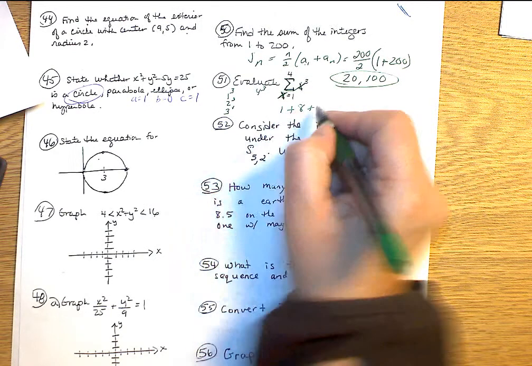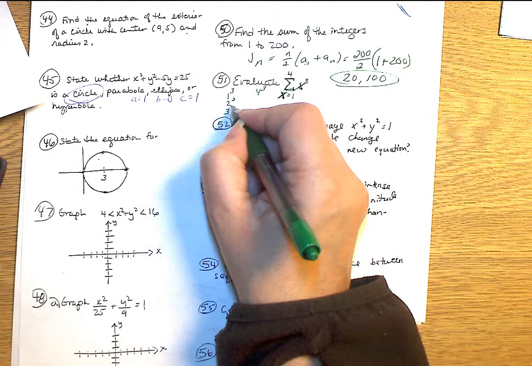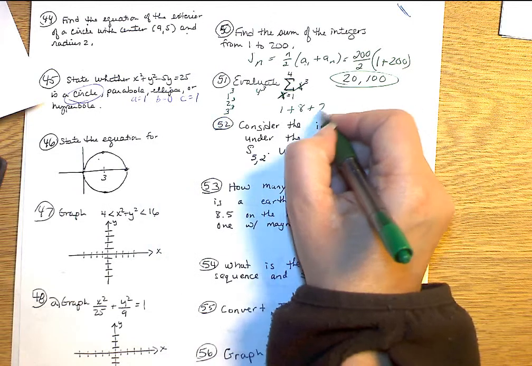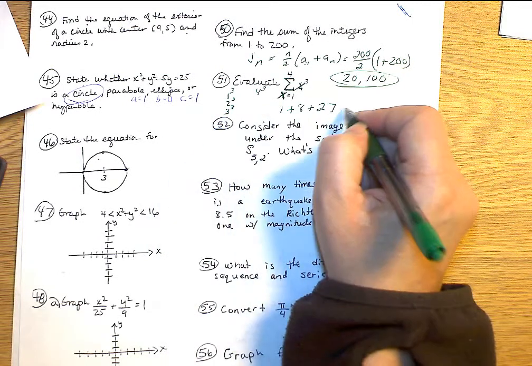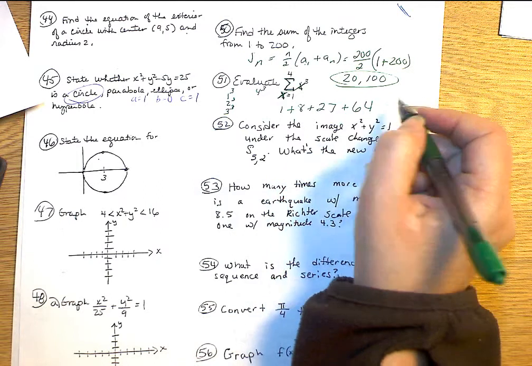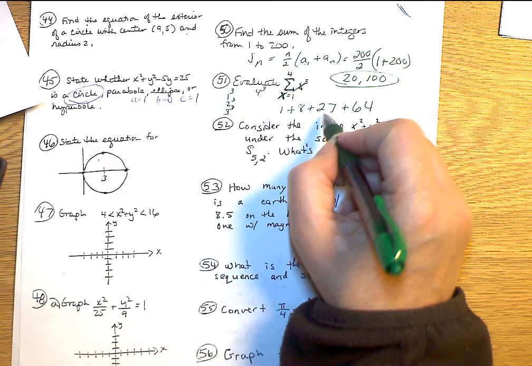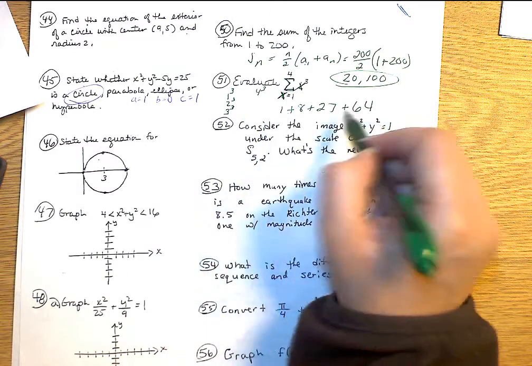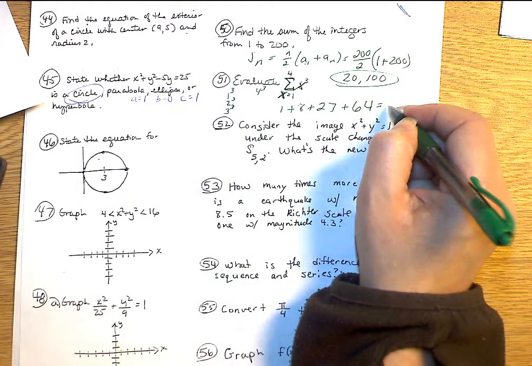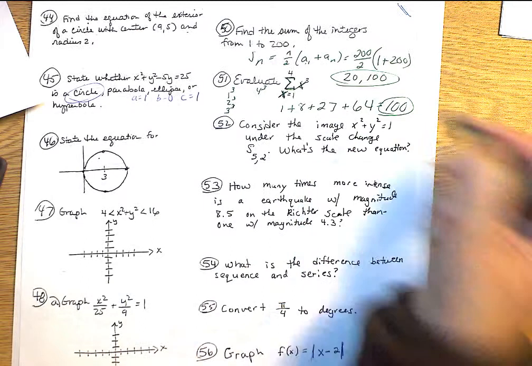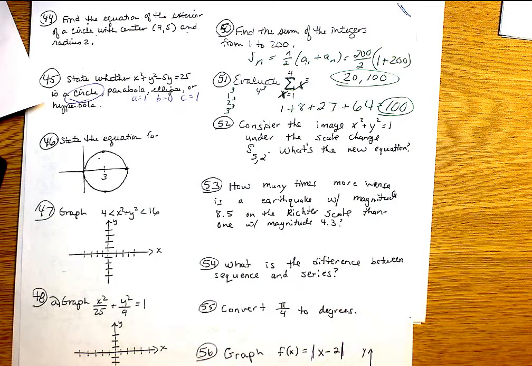Plus 3 cubed is your 27, and 4 cubed is 64. Then you go through and you add all of these up. Evaluate means add them all up. So if you add them up, you should get 100. Evaluate means solve for, figure it out, add it up, whatever you want, how you want to think about it, but that's what evaluate means.